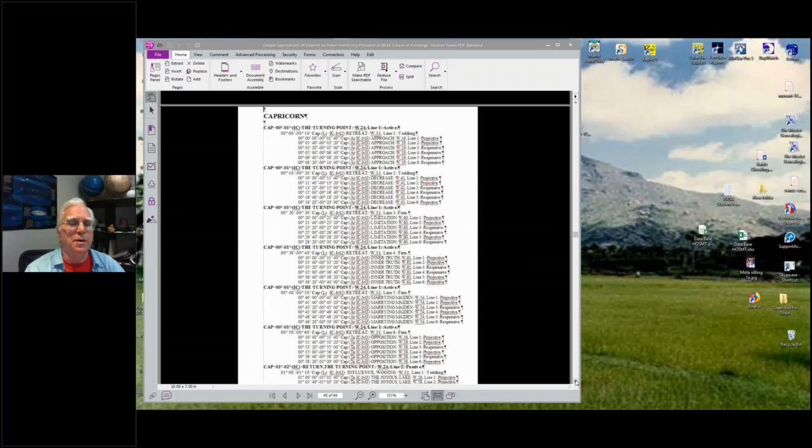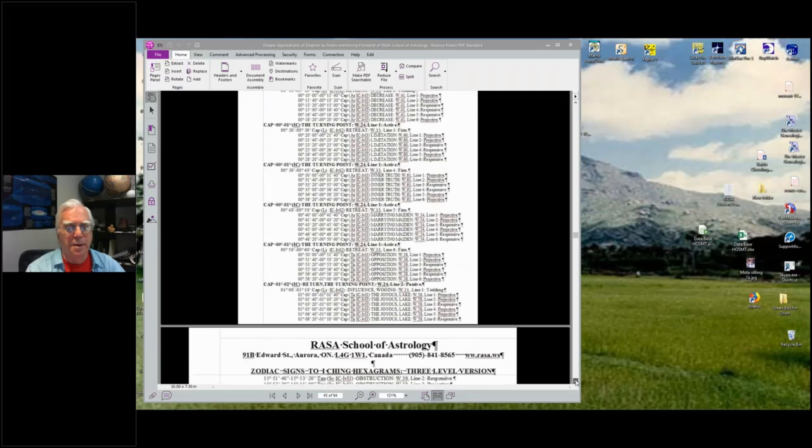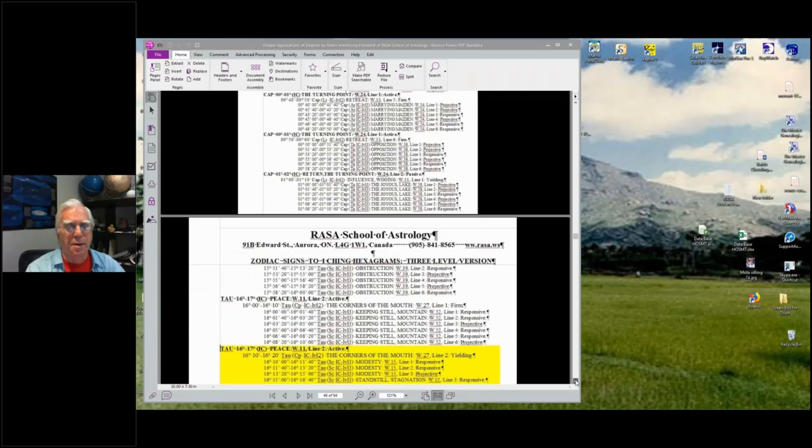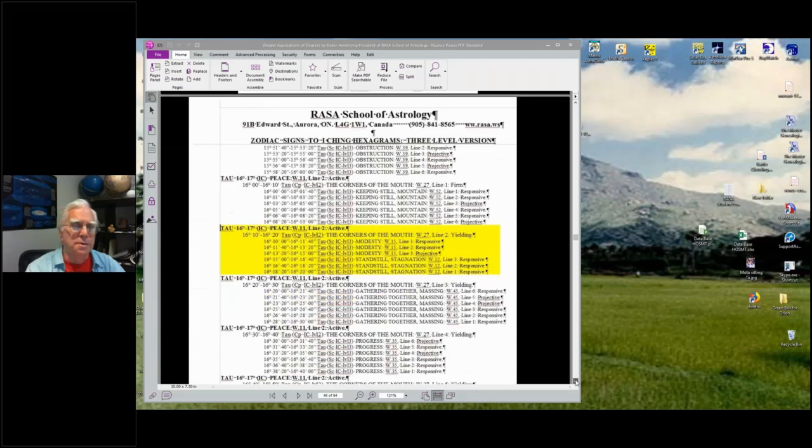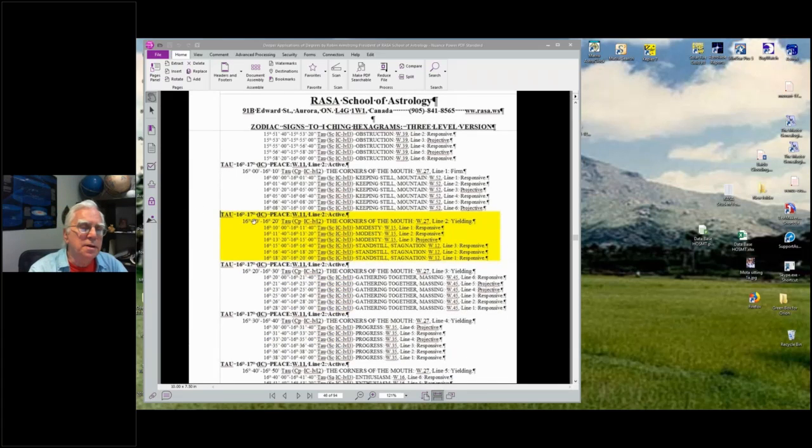This is the sheet we have to look up his stuff on. Here's 16 to 17 on the first level, 16 to 17, Taurus, Peace. Hexagram, Wilhelm's 11, hexagram 11, line 2. That's a solid line, active. But it's between 1610 and 1620, so it's in the hexagram with the corners of the mouth, line 2.